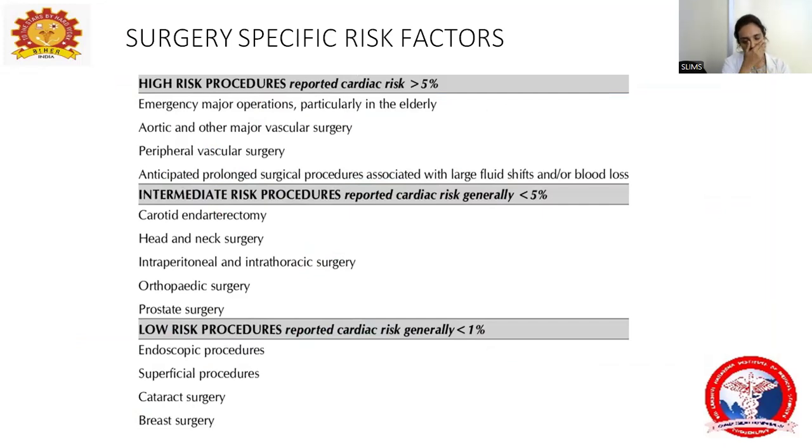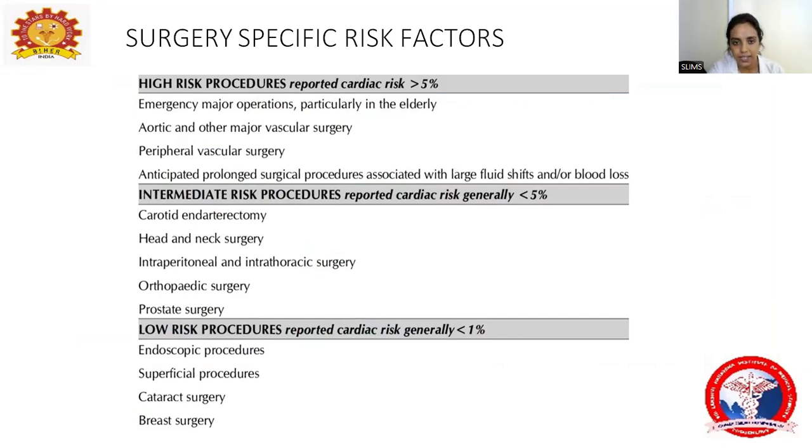These are the surgery-specific heart risk factors. In a high-risk procedure, the reported cardiac risk would be more than 5%. This includes emergency major surgery in an elderly person, aortic and other major vascular surgery, peripheral vascular surgeries, and anticipated prolonged surgical procedures associated with large fluid shifts and blood loss. In an intermediate-risk procedure, the cardiac risk is usually less than 5%.